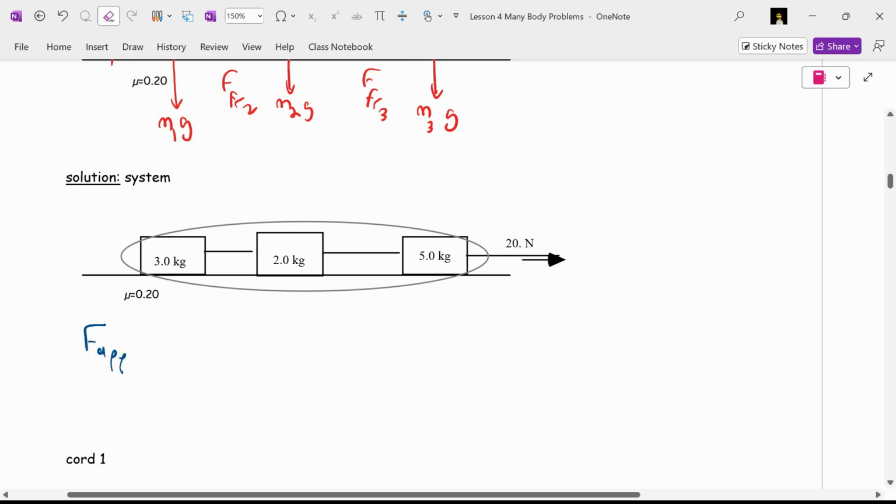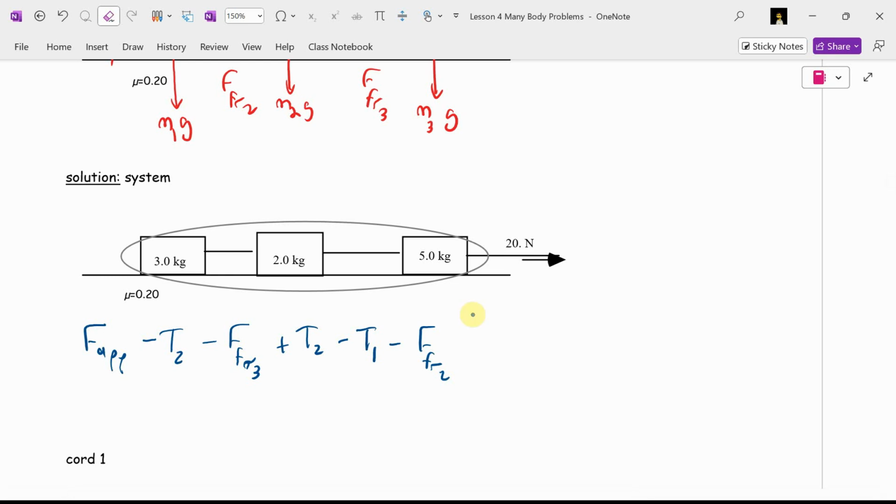I think we run into tension 2, but it's pointing to the left, so it's a loser, yes? And I think we went into friction force number 3, and it's also a loser, pointing to the left. Oh, but then we run into tension 2 again, but this time it's pointing to the right, winner, plus. Then we run into tension 1, loser. Friction force number 2, loser, minus. Then I run into tension 1 again, but this time it's a winner, plus.